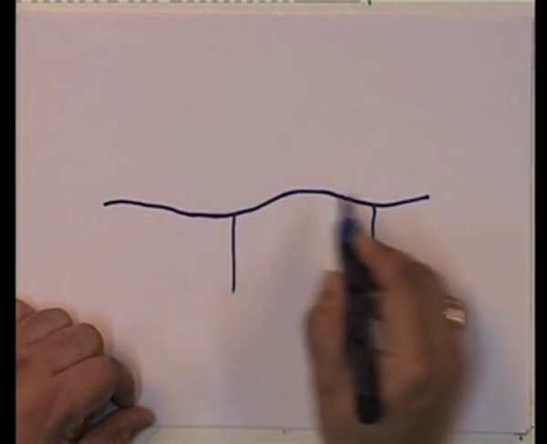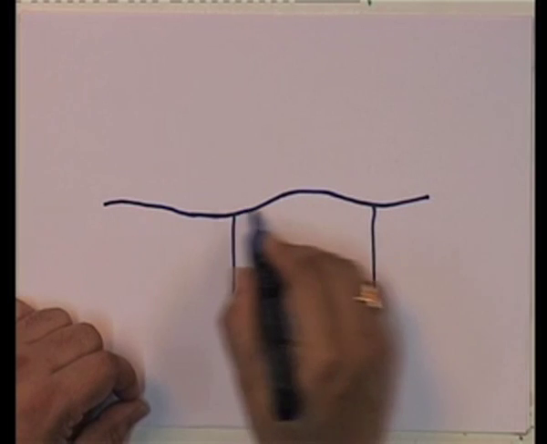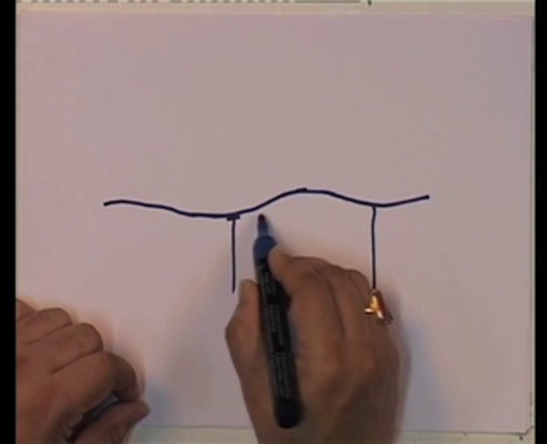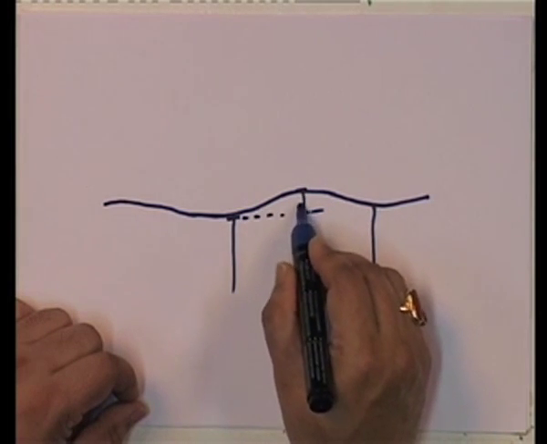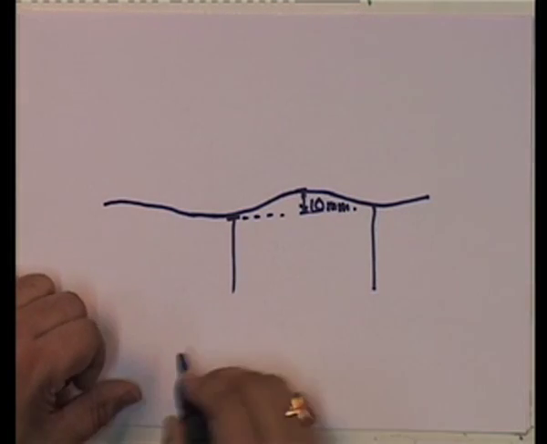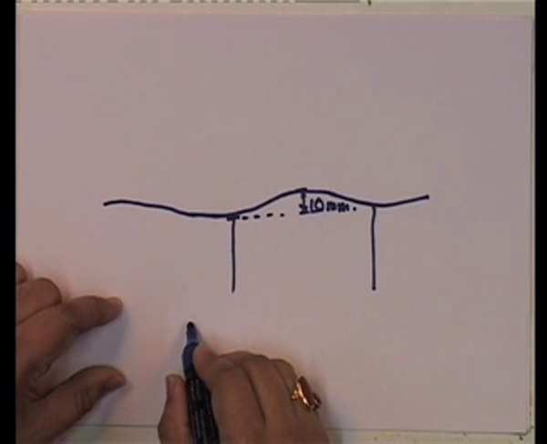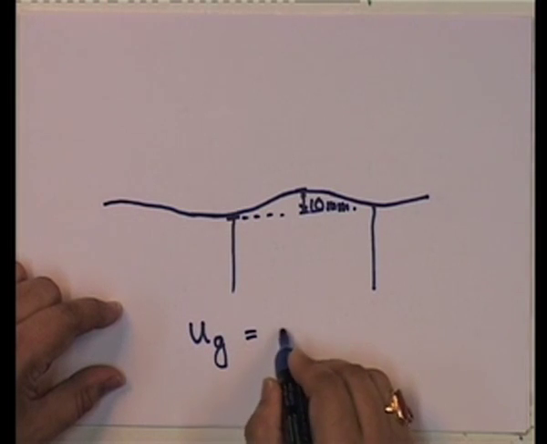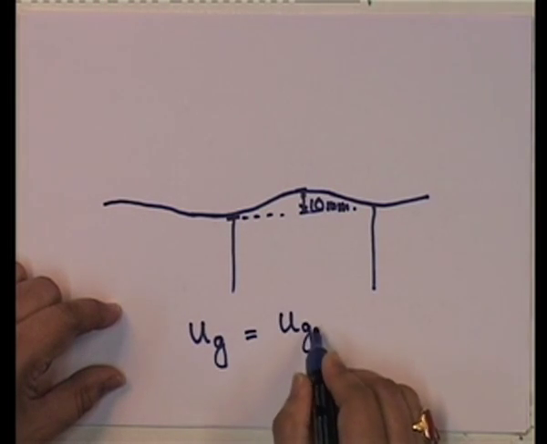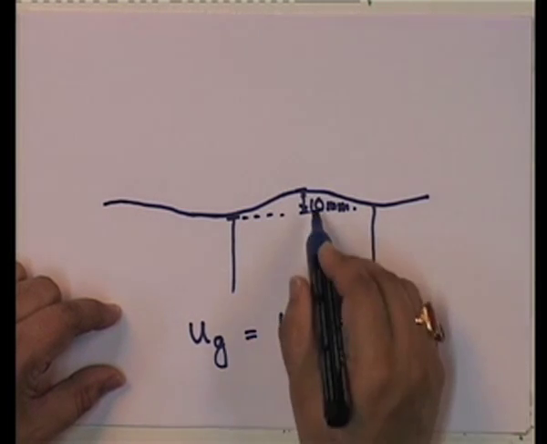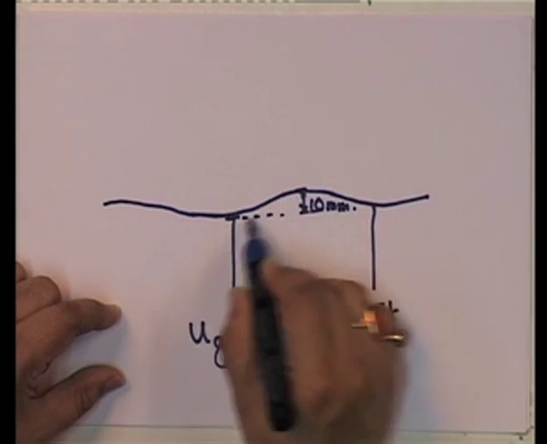So, I will call this that. So, the road surface, because from this to this is 10 millimeter, we will say that therefore the base, which is the ground, can be given by UG0 sin omega bar t, where UG0 is not 10 millimeter. 10 millimeters is from the bottom to the top, peak to peak.